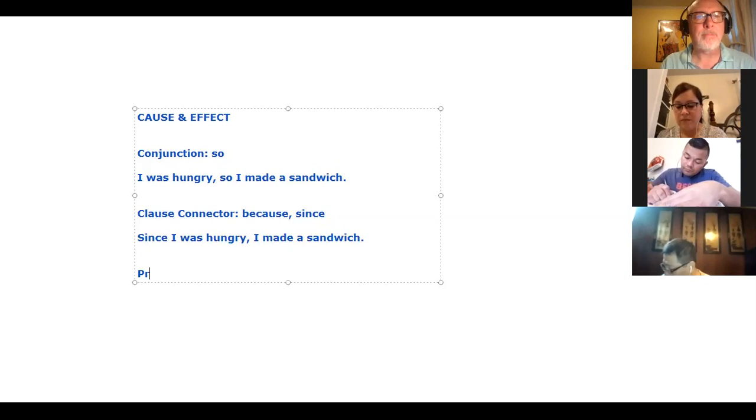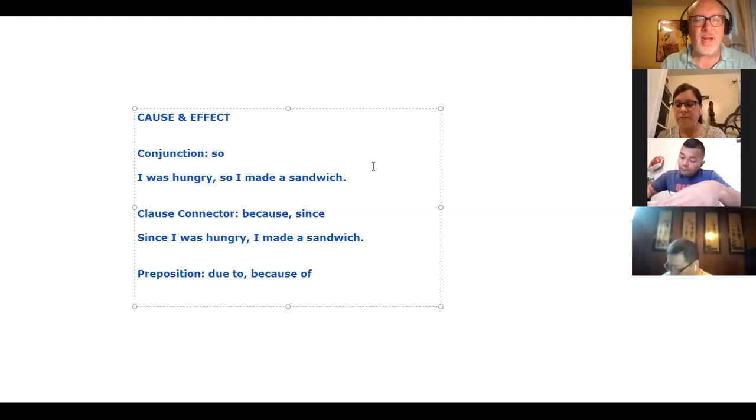And then we had a preposition. And the prepositions were due to and because of, exactly. And I could say, because of my hunger, I made a sandwich. Notice what did I do in that one?